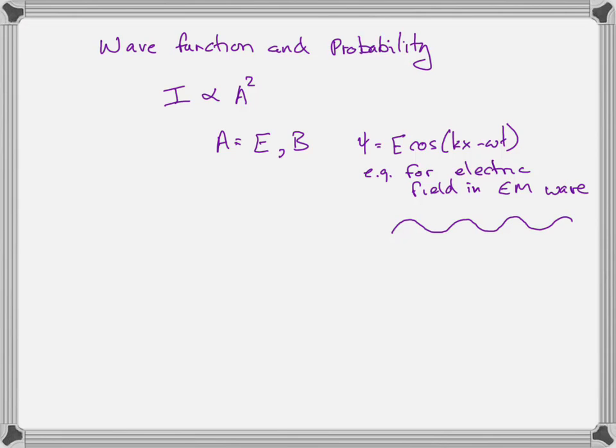We've talked about that before, and typically you will have an electric field and a magnetic field, meant to be in 3 dimensions, which are perpendicular to each other. So if the electric field was oscillating in the XY plane, then the magnetic field would be oscillating in the XZ plane.